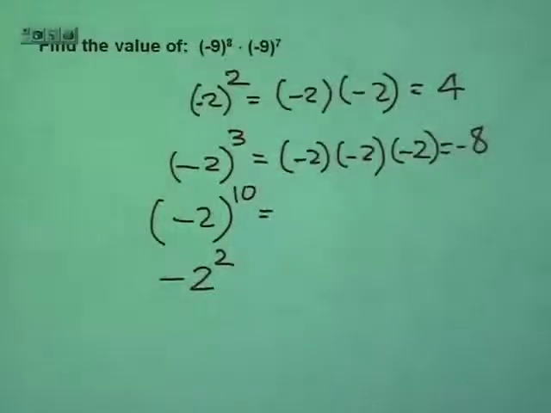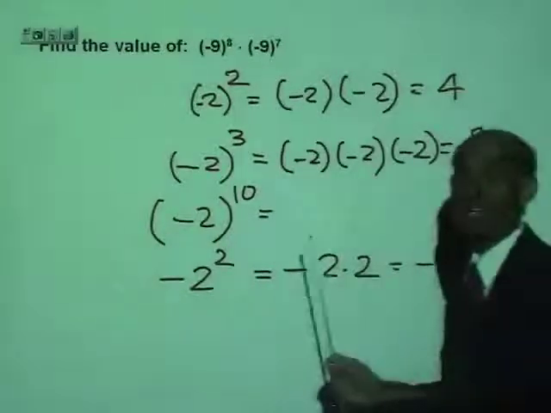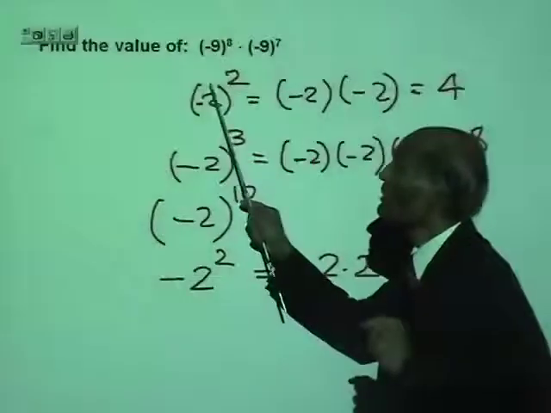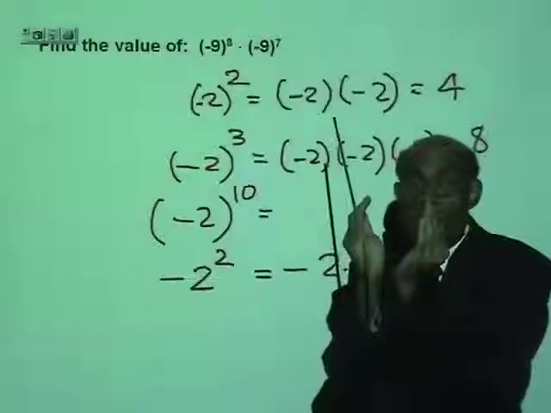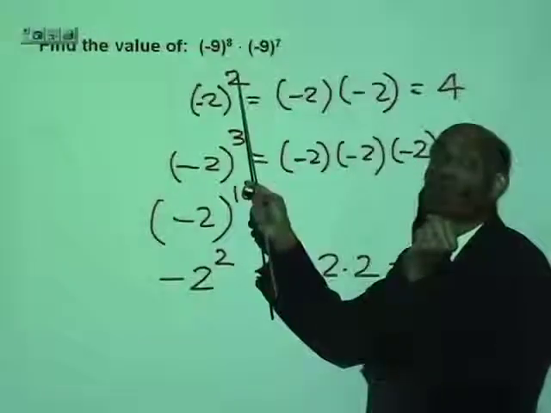So, negative 2 squared is the same as negative 2 times 2. That is negative 4. So, I want you to understand the difference between when you write a negative number inside a parenthesis and raise it to a power.